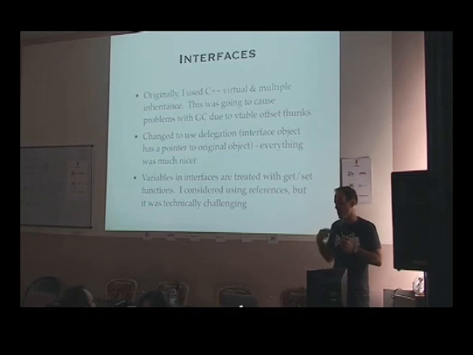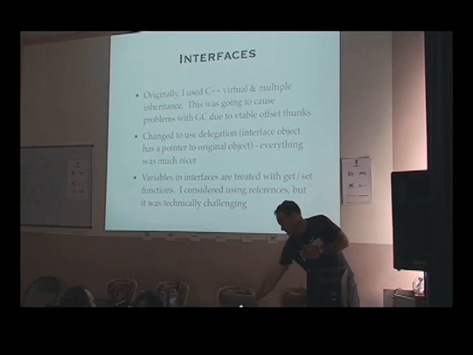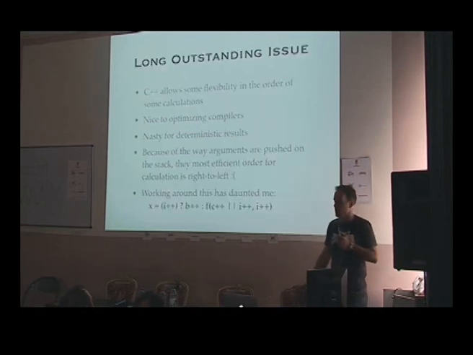So when you create an interface from an object, it creates a little glue object in between that just passes the function calls on to the real object. So interfaces themselves are now kind of little objects, and that's just an implementation detail, really.